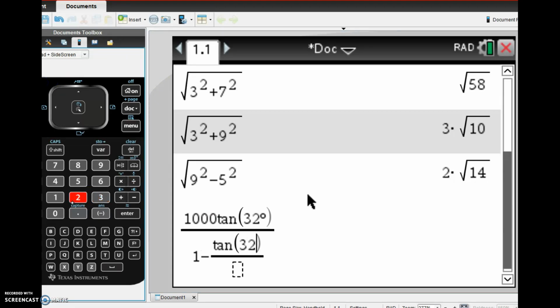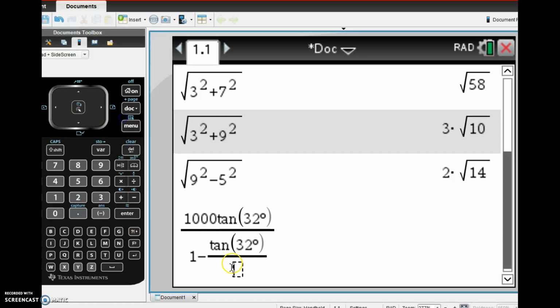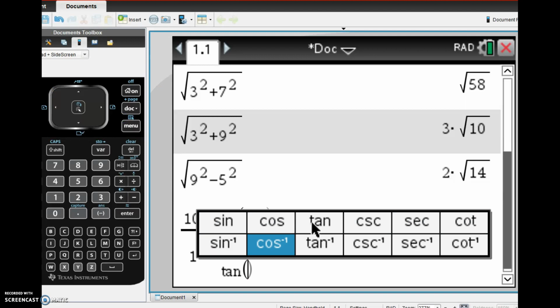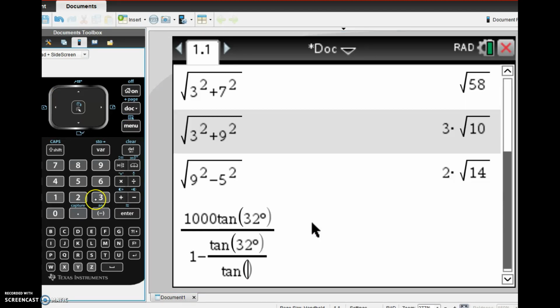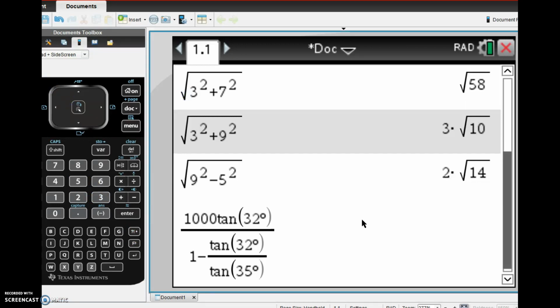Now, if your calculator's in degree mode, you can't overwrite it and make it a radian measure. So this is going to overwrite my radian mode because everything's in degrees. And I should put down degrees anyway, right?